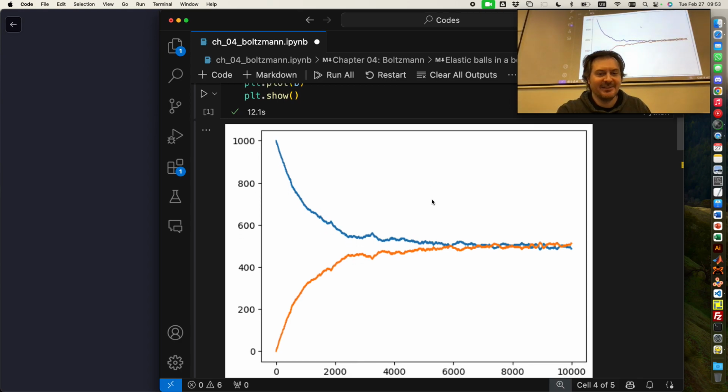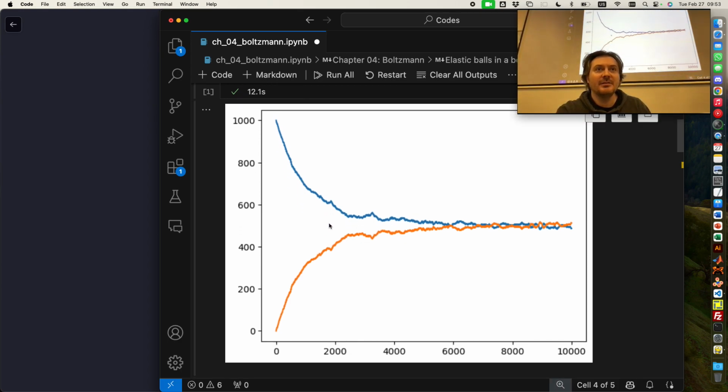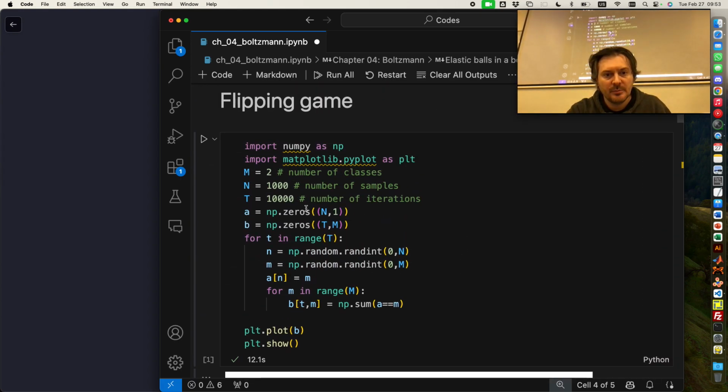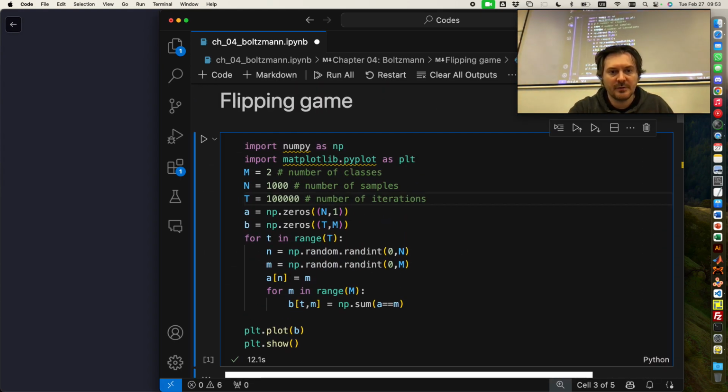Do you see what happened now? When it's 0 and 1, they have converged to 500. But there are fluctuations. You don't expect to stay at 500 and 500 because you keep changing the system, right? There are fluctuations, and some of the fluctuations will actually be large.